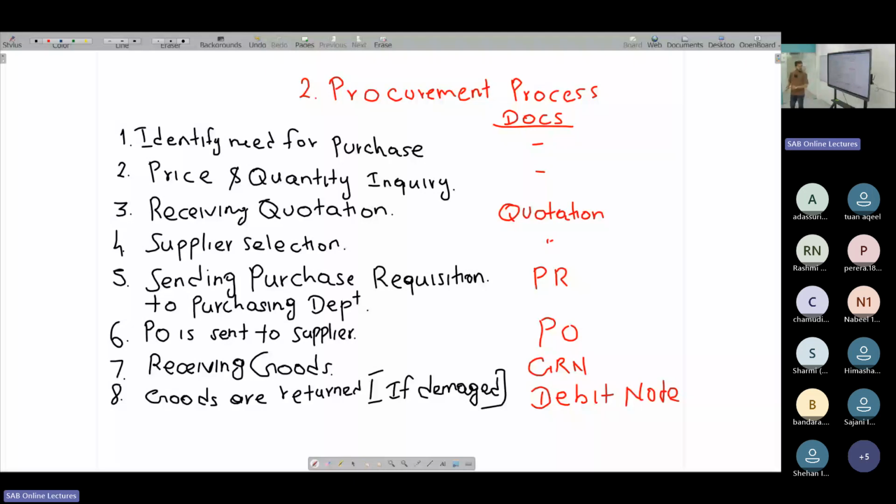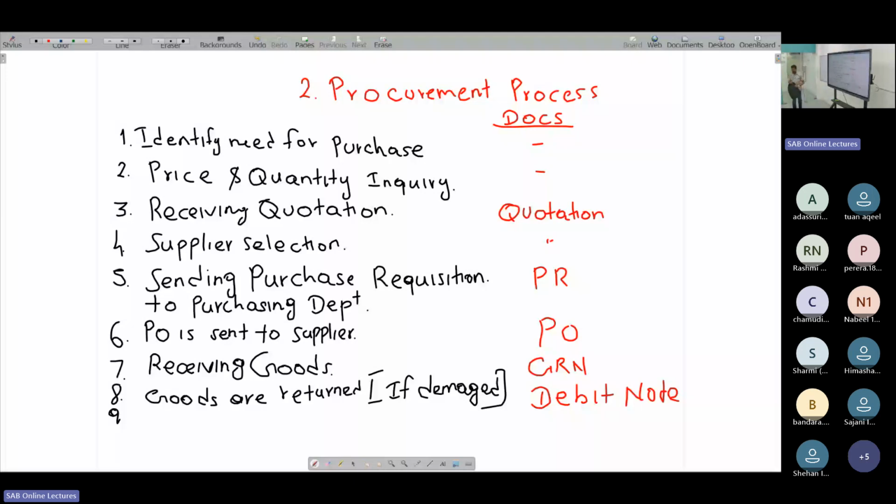Nine transactions, goods are returned. After goods are returned, say 100 items entered, 10 items returned. Now once we receive the goods, from the seller's point of view, the dispatch note is entered, and the dispatch note is signed to acknowledge we have received the goods.